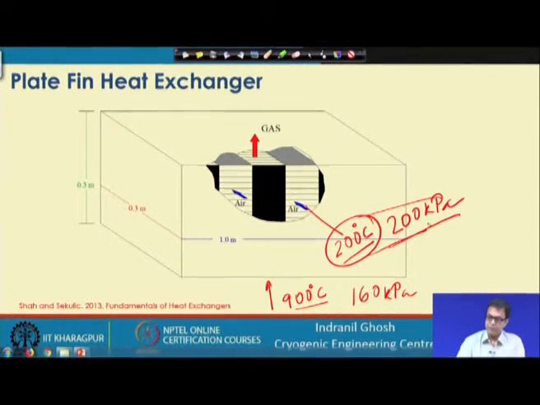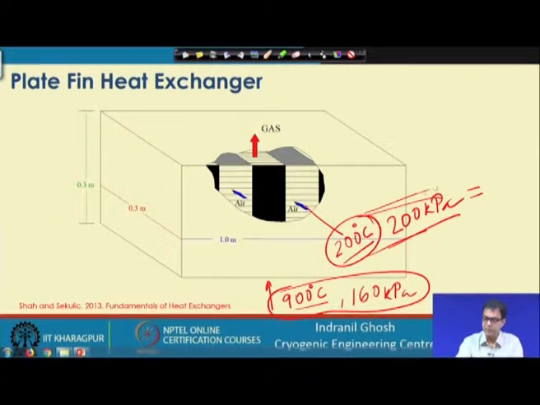Now that we know the temperature and pressure, we should be able to find out the inlet density of the air and the gas. Both of them are basically the air, but we are calling one air and the other gas.